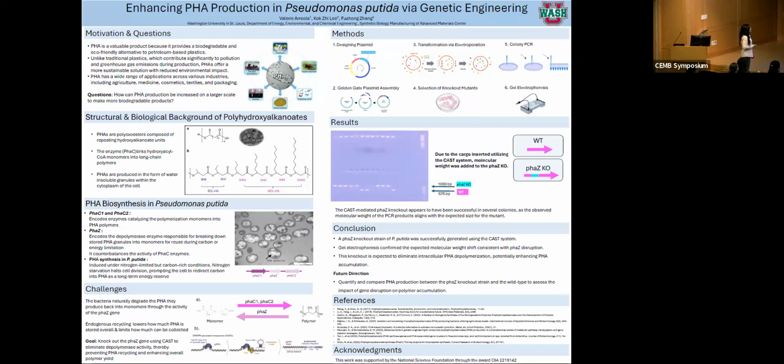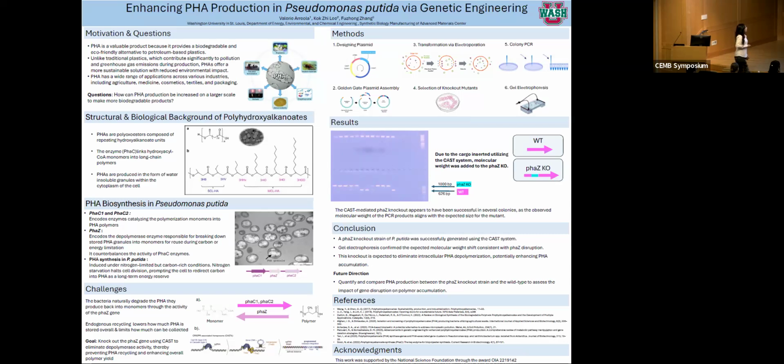So again, the Cas-mediated PHAC knockout appears to have been successful. The PHAC gene has been disrupted, as indicated by this gel electrophoresis. So our PHAC knockout strain, again, was successfully interrupted.